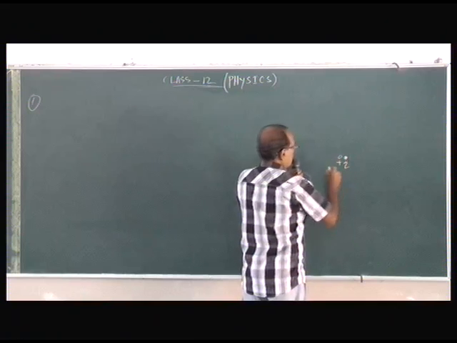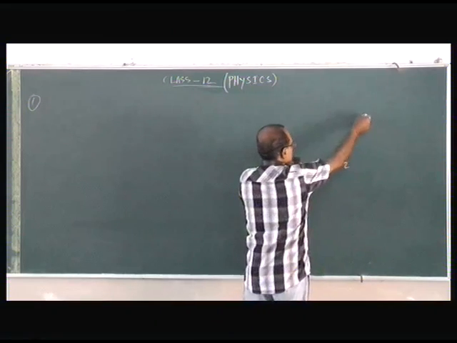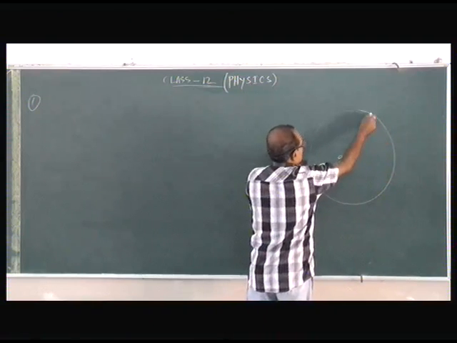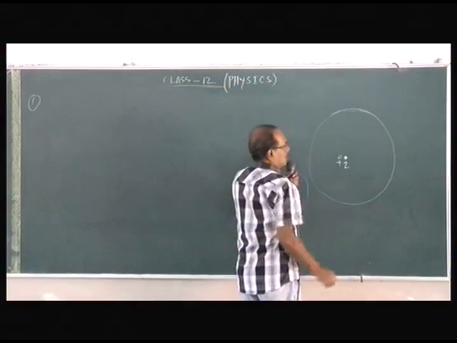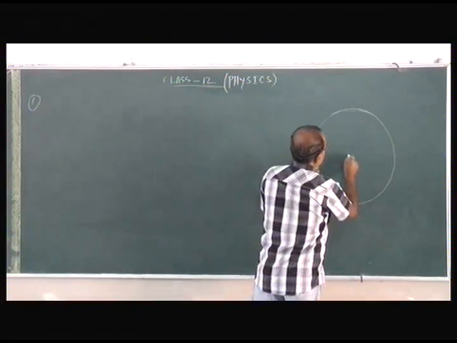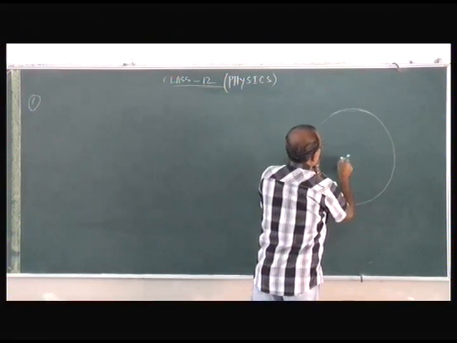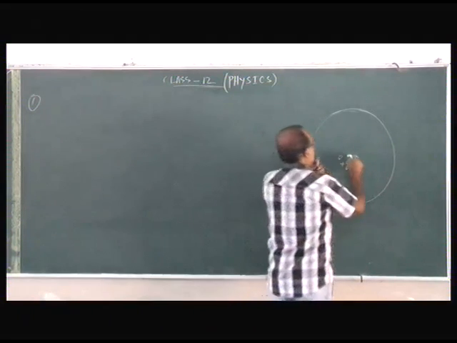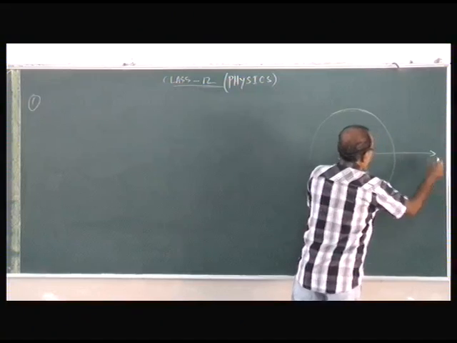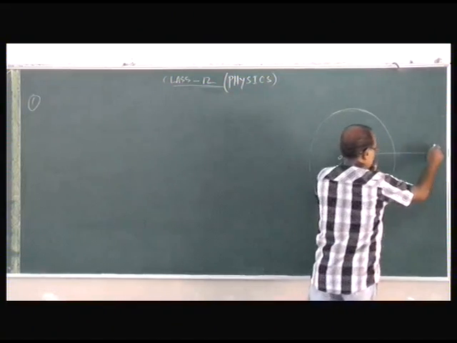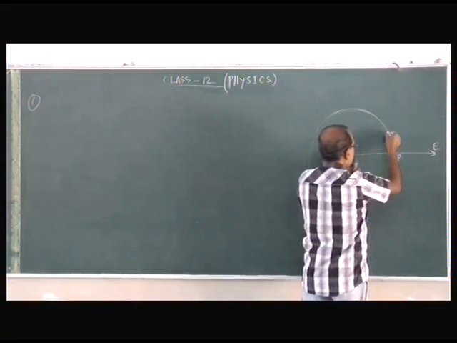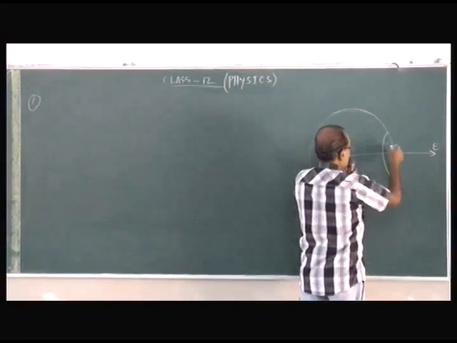Say there is a charge Q at O, and this is the closed surface enclosing the charge Q. So electric flux will move in this way. This is the point P. Here we will consider a small surface, dS.